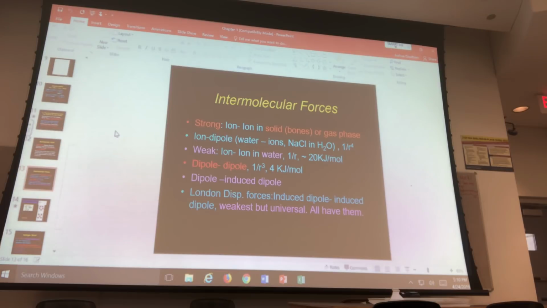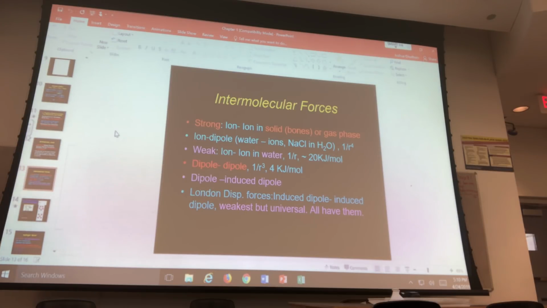The other thing with intermolecular forces is the relative strengths of them compared to each other. I said it a long time ago, but I'll highlight it again here. For this class, ionic bonds are the strongest type of bond. Second place is covalent bonds for this class. So ionic, then covalent, then hydrogen bonds.